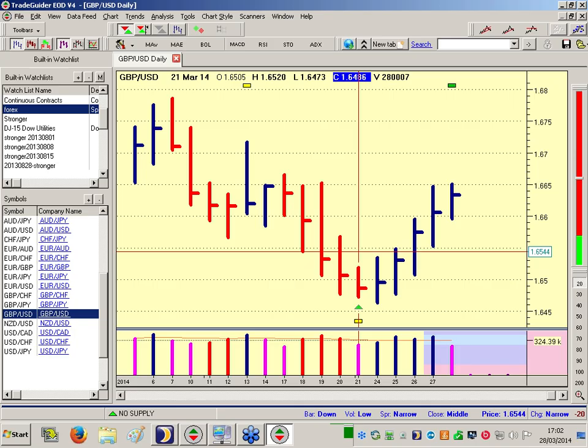The volume is low. In other words, there's not a lot of selling pressure from professional people. And that's why I put that green signal up. And sure enough, up it goes. It's gone up at least 4 or 5 bars on that. The last one's incomplete, of course.